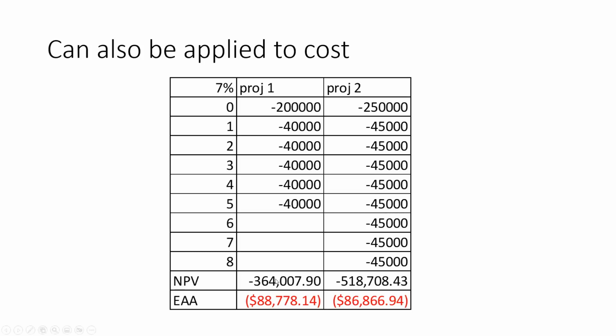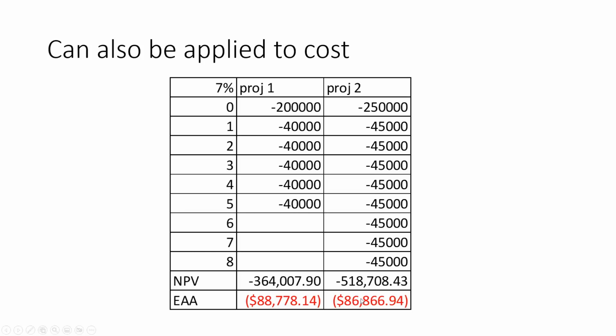out the net present value is minus 364,000. Clearly, all of these cash flows are negative, so they cannot give us a net present value that is positive. And similarly, this one. Now this one has a higher setup cost and a higher maintenance cost, therefore its net present value is higher, and it's also for longer duration.